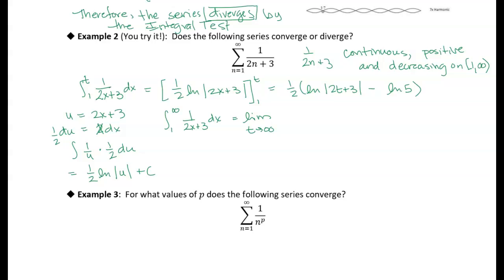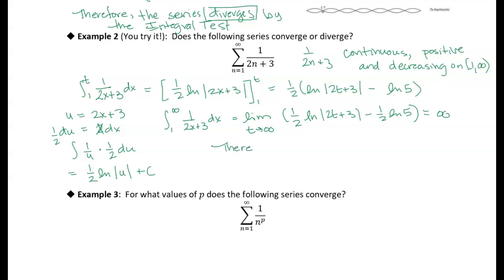I'm just going to distribute the 1/2: 1/2 natural log of 2t plus 3 minus 1/2 natural log of 5. And you can see that this natural log part goes to infinity. So that means the whole thing goes to infinity. So the limit is infinity. And so this is another one where the series diverges.